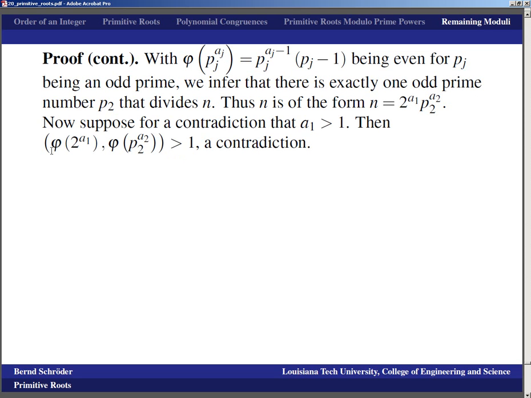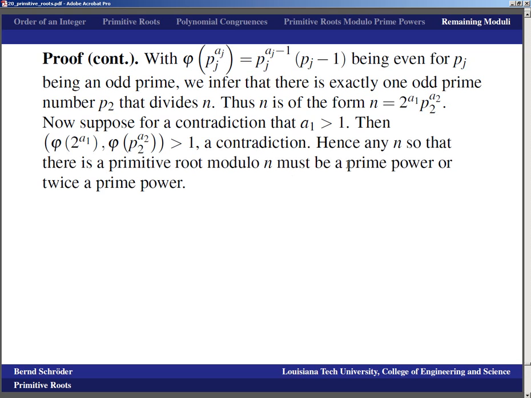Well, then phi(2^a1) phi(p2^a2) is also greater than 1, because then phi(2^a1) will contain 2^(a1−1) as a factor, which is at least 2, and so then there would be a common divisor of at least 2 here, and so that also cannot happen because those phis were supposed to have no common divisors except 1, and that means any n so that there is a primitive root modulo n must be a prime power or twice a prime power, because any further prime numbers or any higher powers of 2 lead to a contradiction in here.